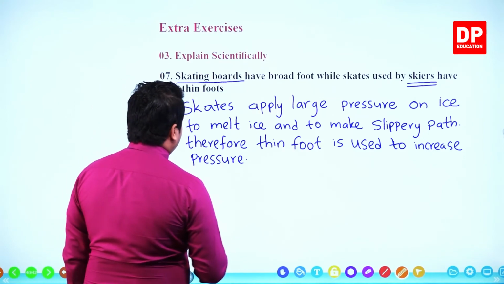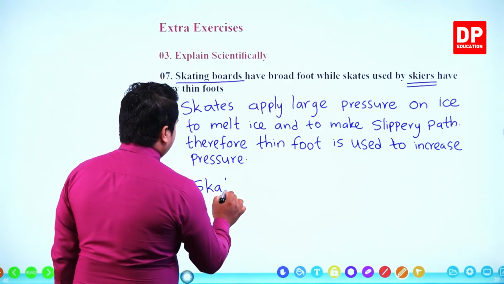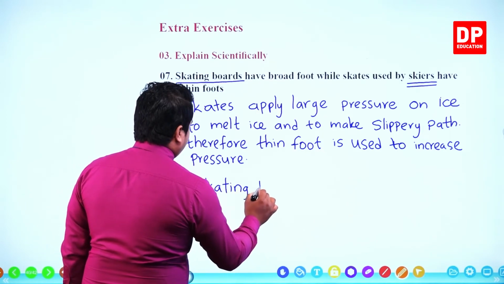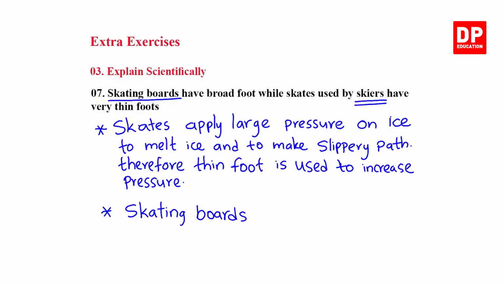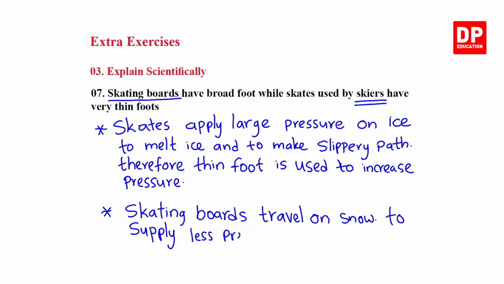Then in the second, skating boards travel on snow to supply less pressure. Surface area of the foot is high.